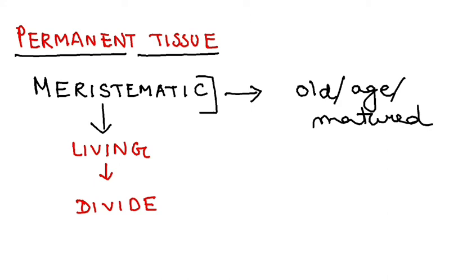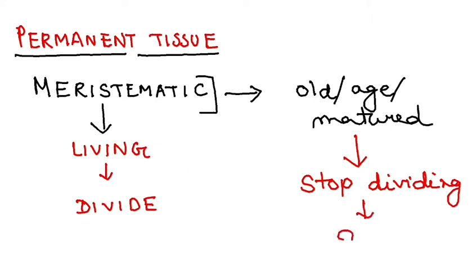And once they mature, they stop dividing, eventually they become dead, most of them, and hence they are termed as permanent tissue, right? So essentially permanent tissue is nothing but old meristematic tissues only, right?